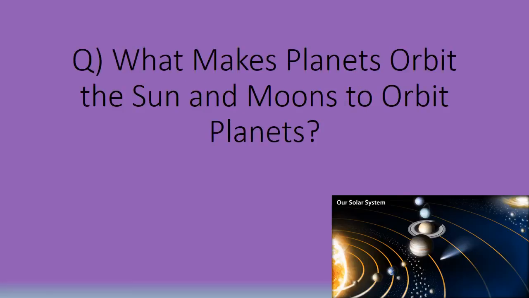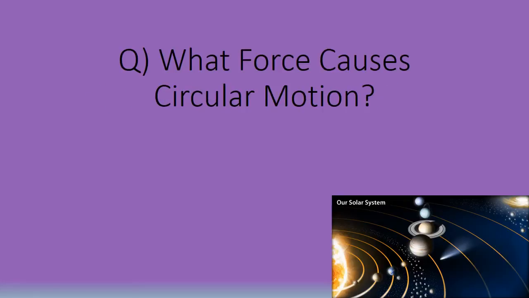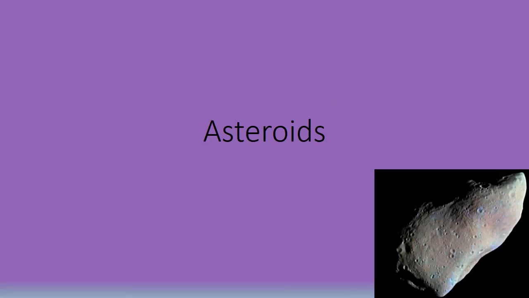What makes planets orbit the Sun and moons orbit the planets? Gravitational attraction. What force causes circular motion? Centripetal force. Asteroids.